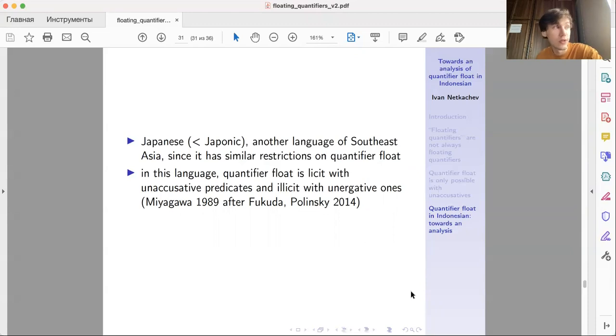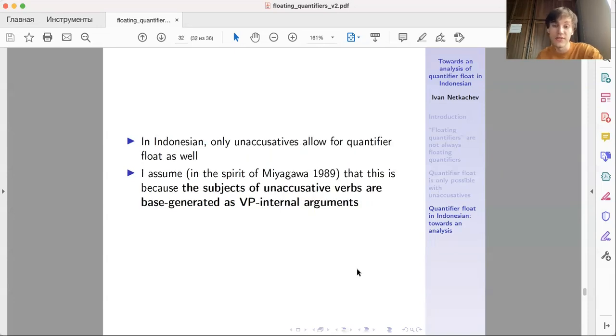There is yet another language which has similar restrictions on quantifier float, and this language is Japanese. It was shown by Miyagawa in 1989 that a quantifier float is licit with unaccusatives, but illicit with unergatives. This holds in Indonesian as well, and I want to suggest an analysis in the spirit of Miyagawa.